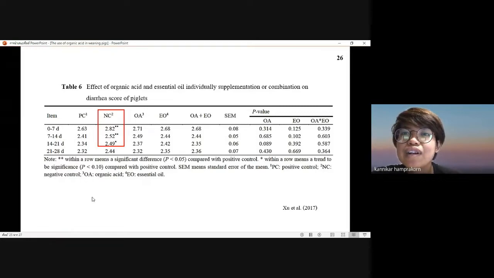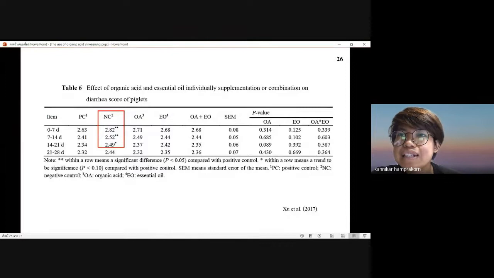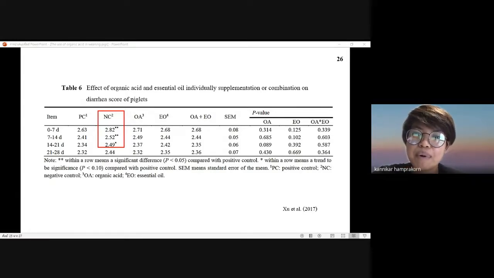From your opinion, should we use the organic acid combined with the essential oil to reduce the diarrhea score for the piglet? Which value of both components will they use?